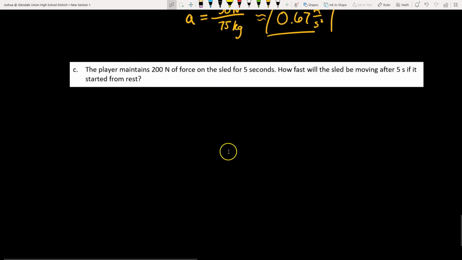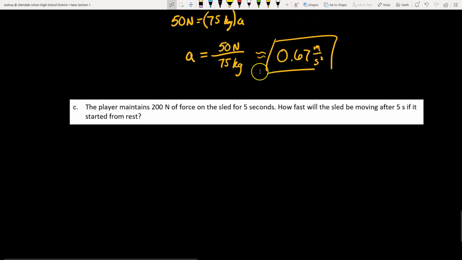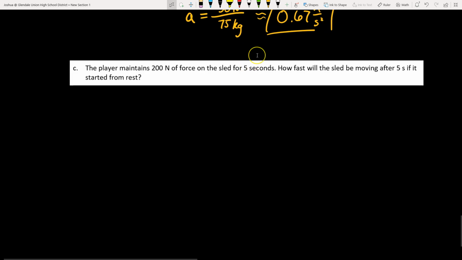All right. Very last thing it asks, the player maintains that 200 newton force. So because that same force is there the whole time, it's going to be accelerating the same the whole time for 5 seconds. How fast? That's final velocity, that type of thing. How fast will it be going? So what will its final velocity be if it started from rest?